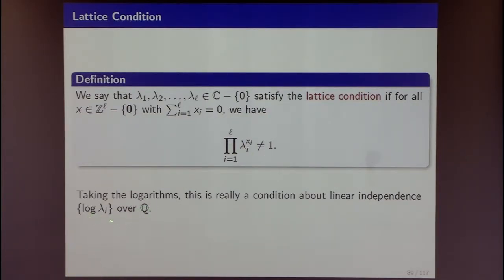I don't want to talk about the log because for the complex numbers, you have to talk about what branch you take and so on. I want to bypass that complexity. Okay, so this is the formal definition. But essentially, it is about rational dependency of these presumably transcendental numbers. Good.